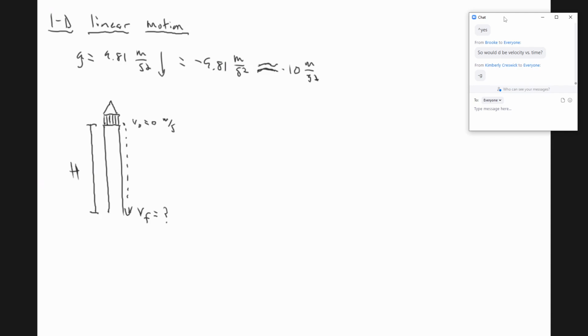Negative g? I always write g and I always think of it as going down. So if it's in the same direction as g, then it's going down. I personally like making g positive unless I'm doing a kinematics equation where a ball is being thrown up or something has some initial y velocity. If an object is being shot downwards or thrown downwards, I consider going down as the positive direction and I just go with it.